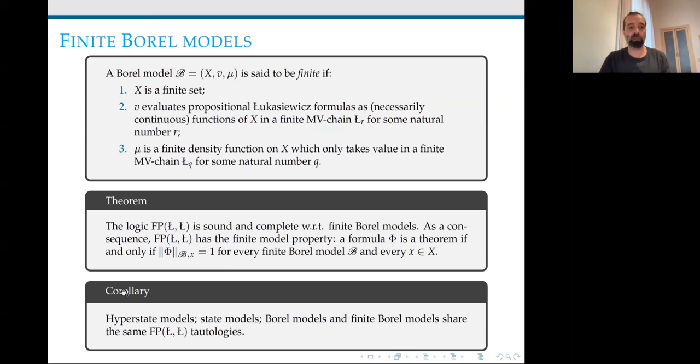So summing up, we saw models for this logic starting from the more exotic ones, so hyperstate models. Then we showed standard completeness, and then state models, Borel models, and finite Borel models. Well, all these models share the same tautologies. They just share the same formulas that are true in each of them.